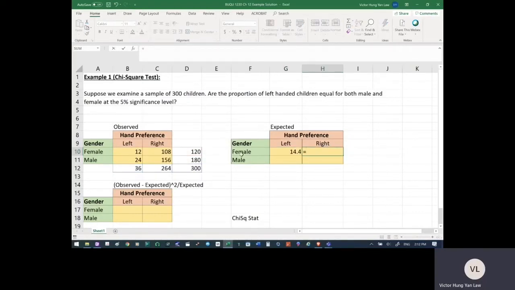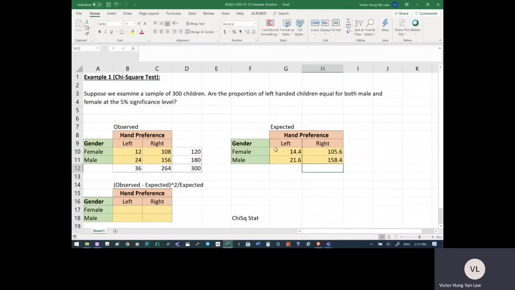For the female right hand, same idea: 264 times 120 divided by 300. Male left-handed, 36 times 180 divided by 300. And the same idea for the male right hand: 264 times 180 divided by 300.